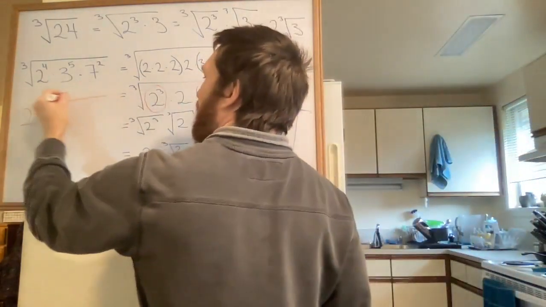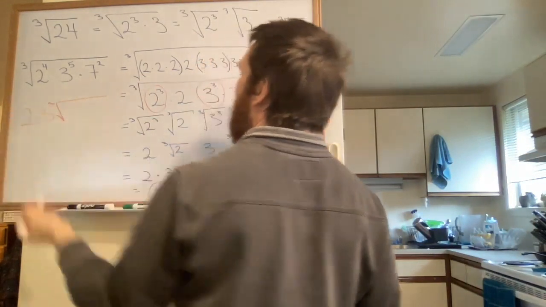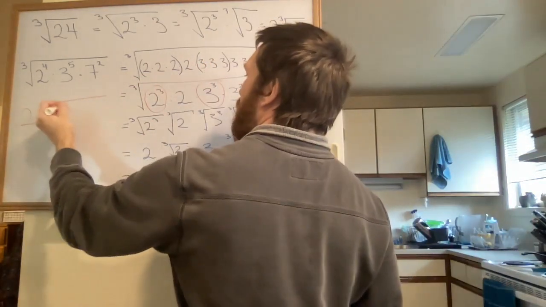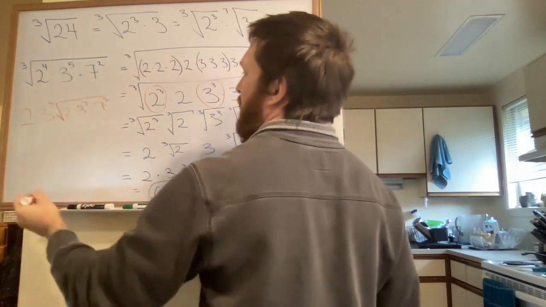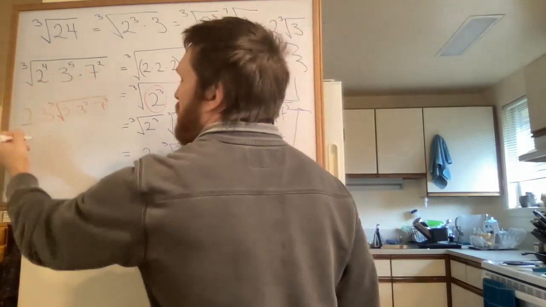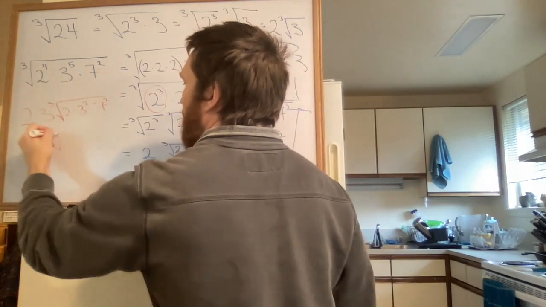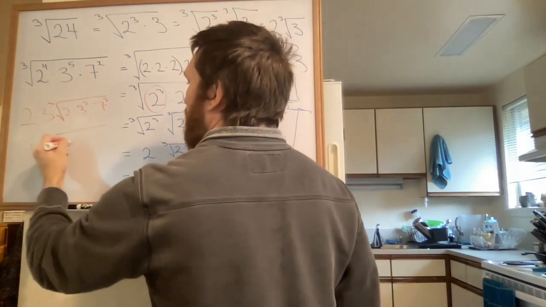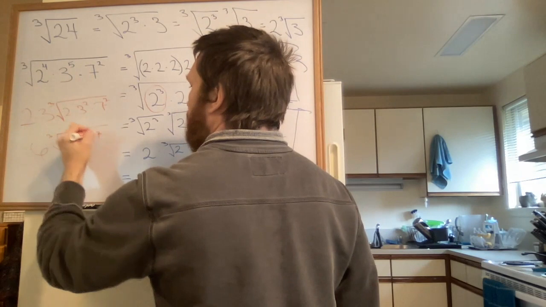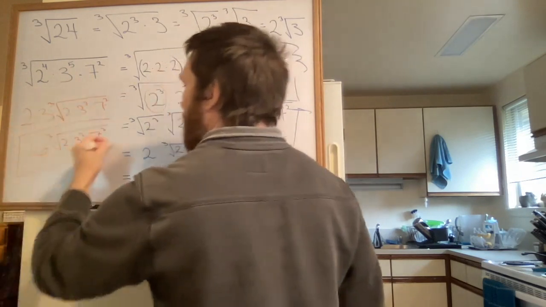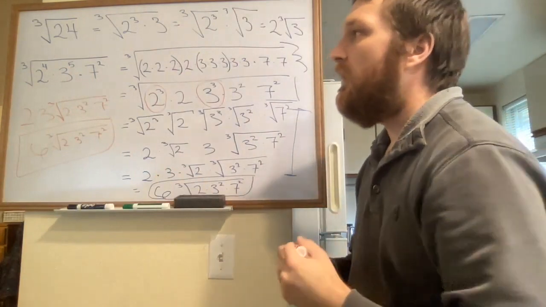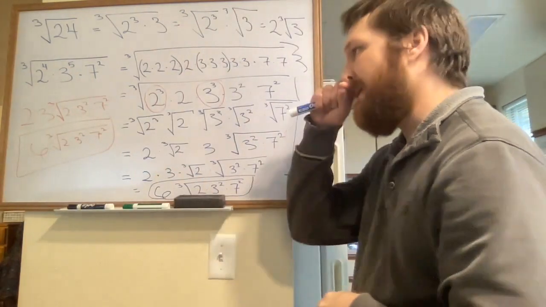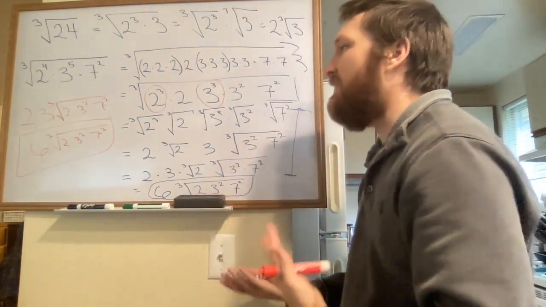And so they're going to have to stay inside that radical, and we're left with a 2 times a 3 squared times a 7 squared. And if I wanted to, yes, 2 times 3 I know is 6, and so I could write it like that. And there we are. That's how we ended up right there. So that's the name of the game today.